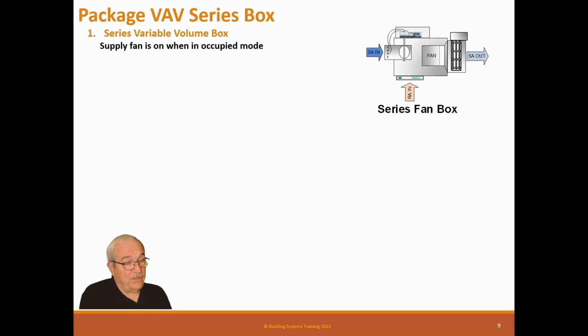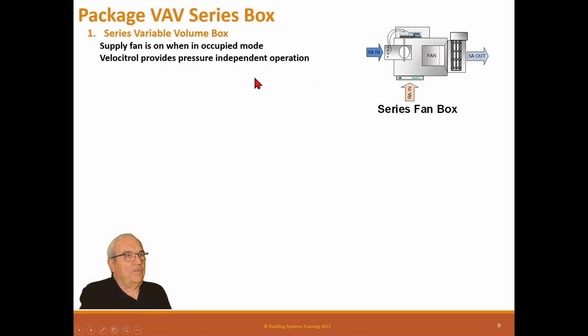If it's on a VAV area, it has to be a series box. Or if you have a restroom, which requires so many air changes, then it will need to be a series box. You could also do it to have variable exhaust and variable inlet, but that's way too complicated. This is much easier to do.